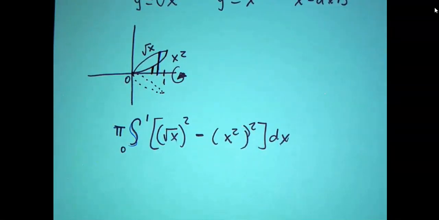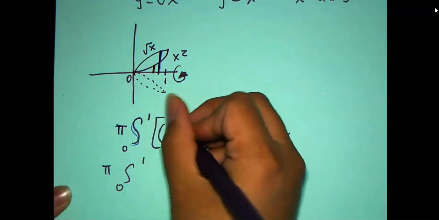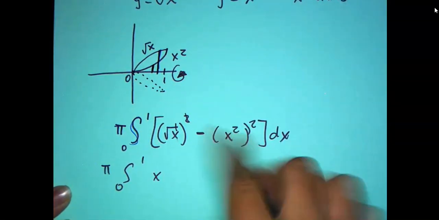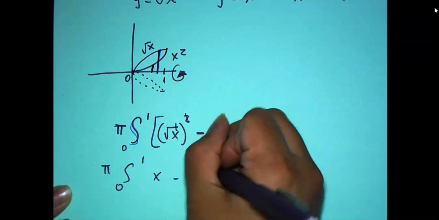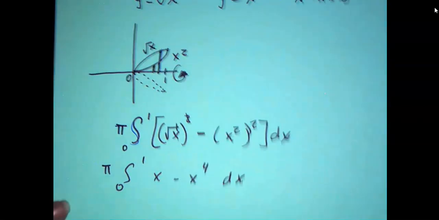Okay, so let's simplify. We have pi integral from 0 to 1. The square root and the square cancel. The square of x squared, we multiply the powers, and that gives me a power of 4. Let's do the integral.